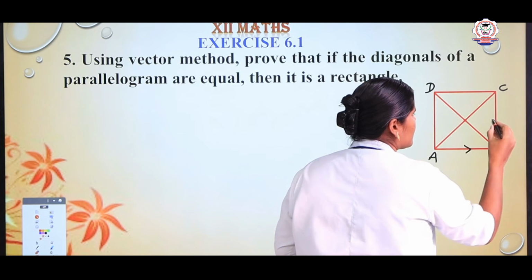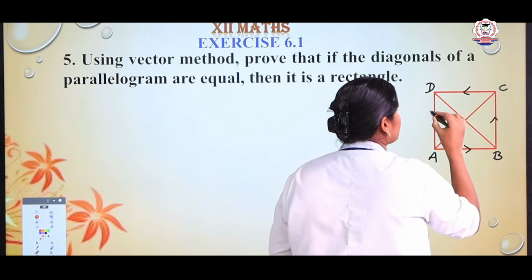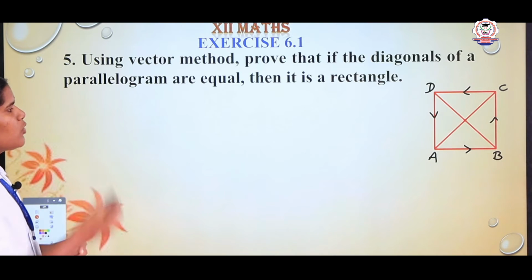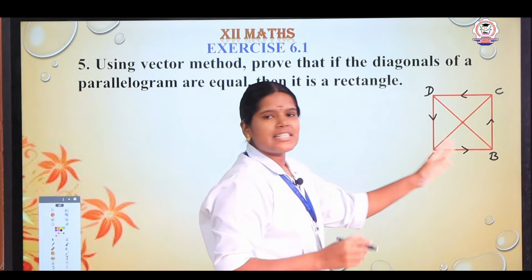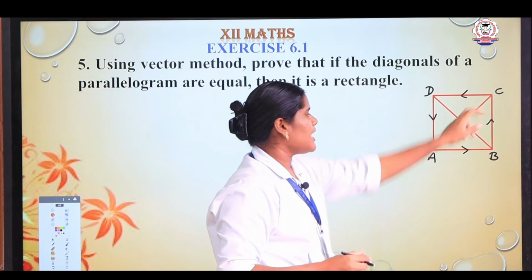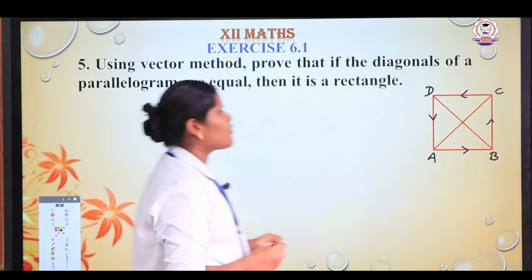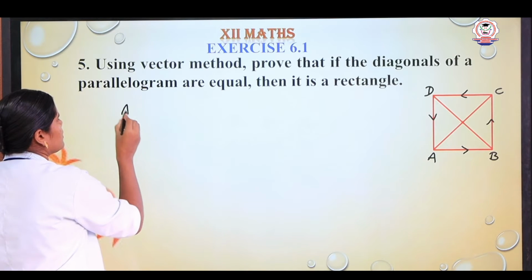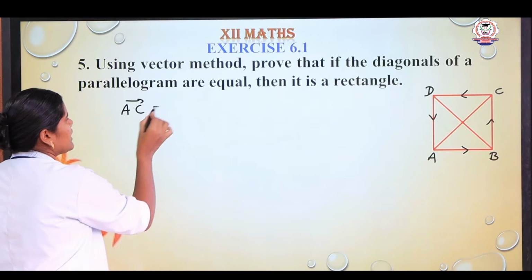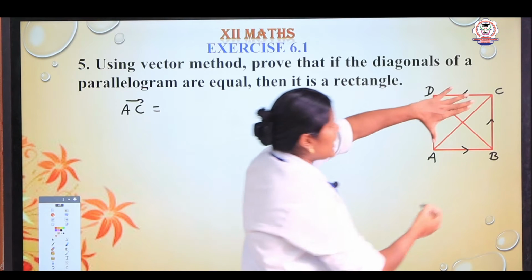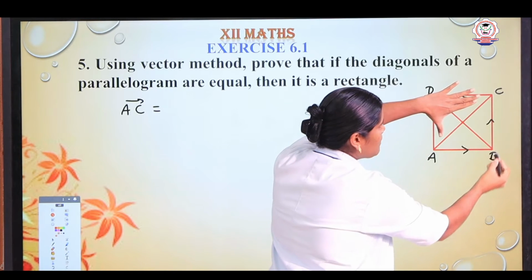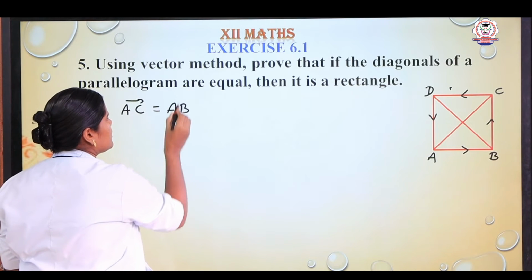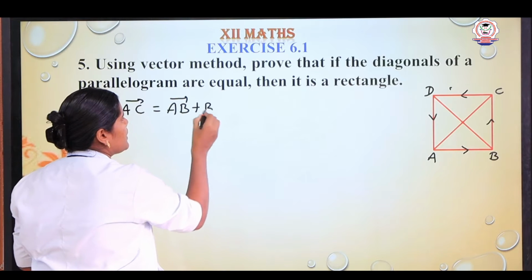The directions are like this. Here the diagonals of a parallelogram are equal. So what are the diagonals here? The first one is AC and the second one is BD. So AC vector is equal to AB plus BC.